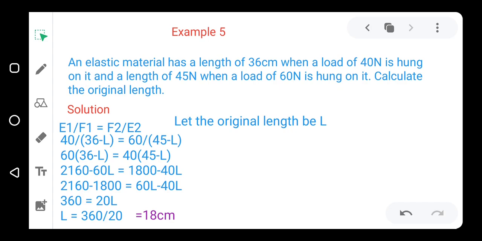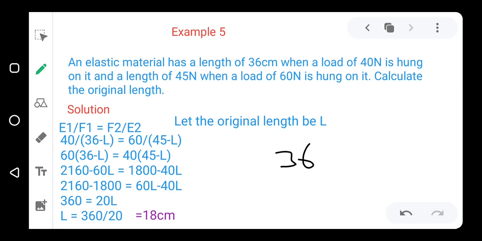For the first extension, E1, if we call the original length L, the material has a length of 36 cm when the first load is applied, which means that it has extended to 36 from its original length. So for us to get the extension, we have to know the original length, but we don't know it.